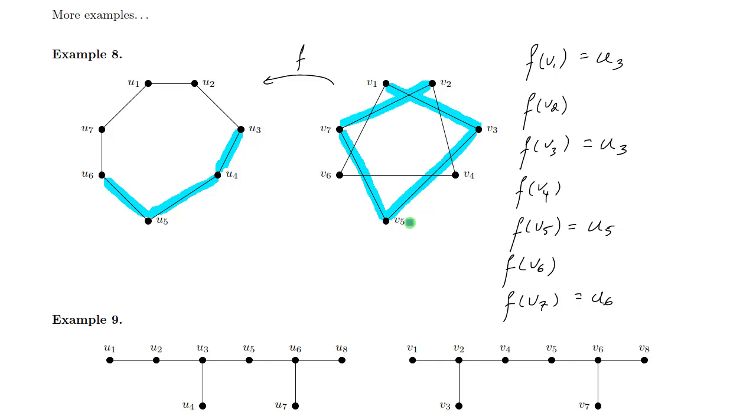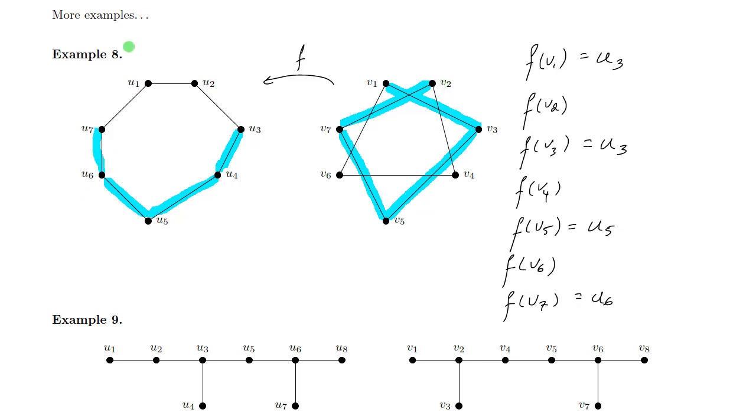Now, in this case, all of the edges form a cycle, so I'm not going to have any other pieces that I have to deal with, any other components. It's a connected graph, so I can just follow that cycle around and be able to map out my entire isomorphism here. So V7 adjacent to V2, and so over here we're going to go from U6 up to U7.